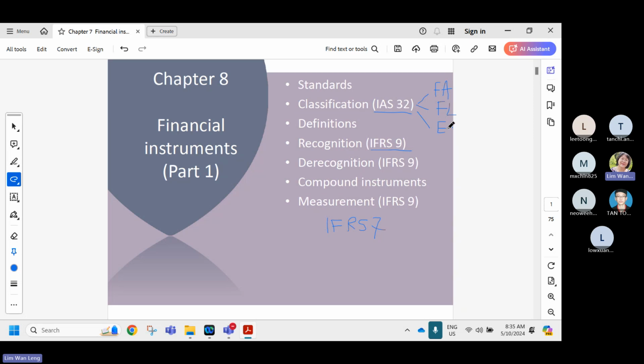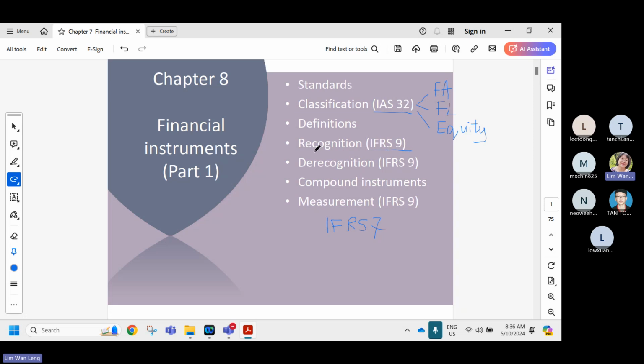Later, we are going to look at the definitions of all these classifications of FI, financial instruments. Of course, the first thing we need to realize is what the definition is that makes up a financial asset, what the definitions are with respect to financial liability and the equity instrument.